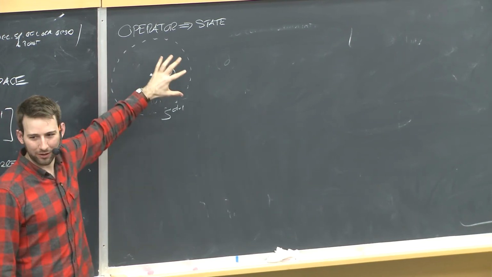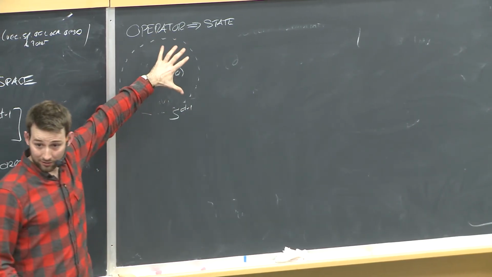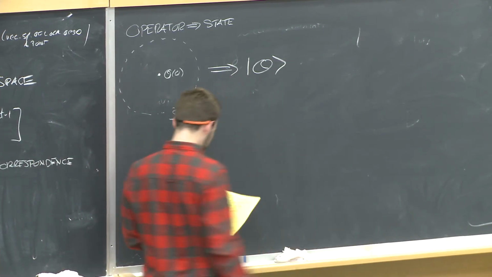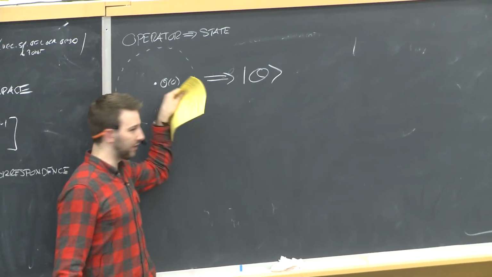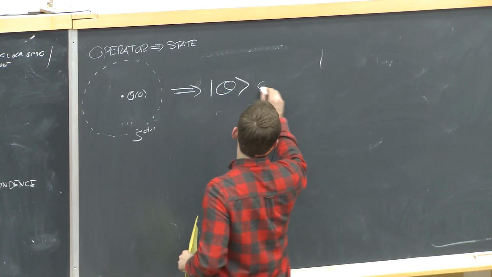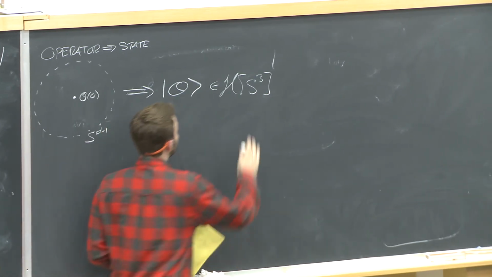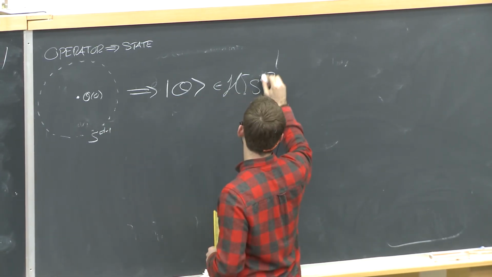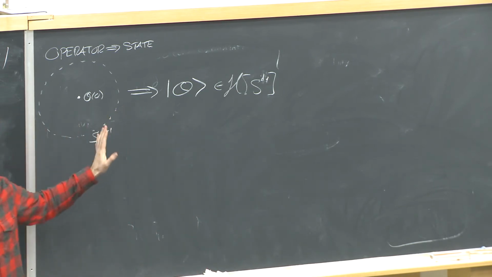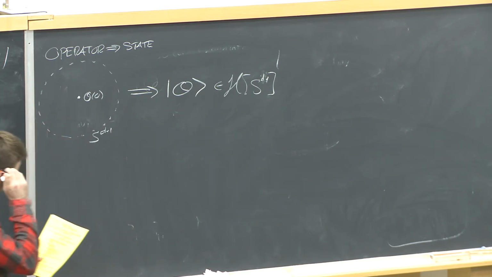I can do the thing that Euclidean quantum field theory does on a ball and end up with some state that lives on the boundary, that I will label by the name of the operator. This is in the space of states attached to the d-1 sphere. I haven't really given you the Hilbert space structure yet, but we'll get to that in a minute. So far, it's a space of states.